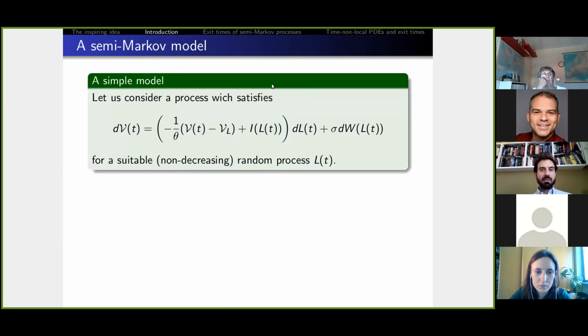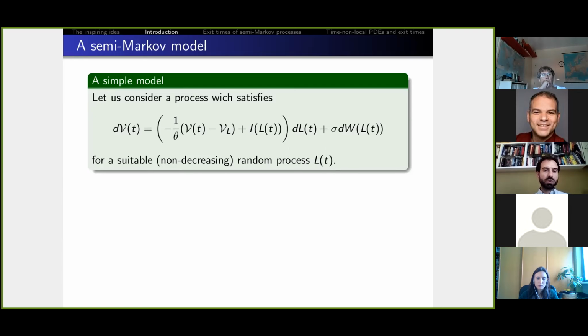So our idea is to introduce a model which is very close, in the sense of interpretation, to the original leaky integrate-and-fire model, but we introduce a random time change of the original model, which essentially means that we are making the original evolution faster or slower.